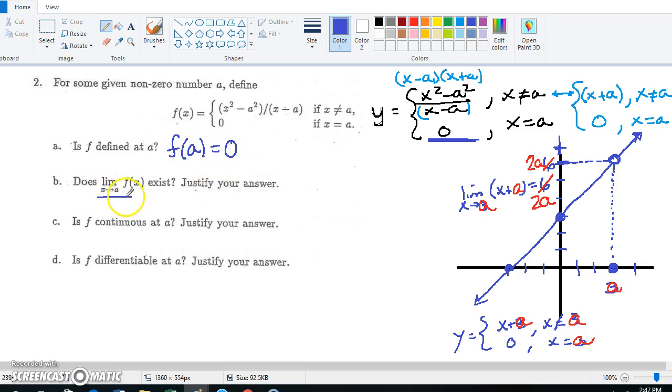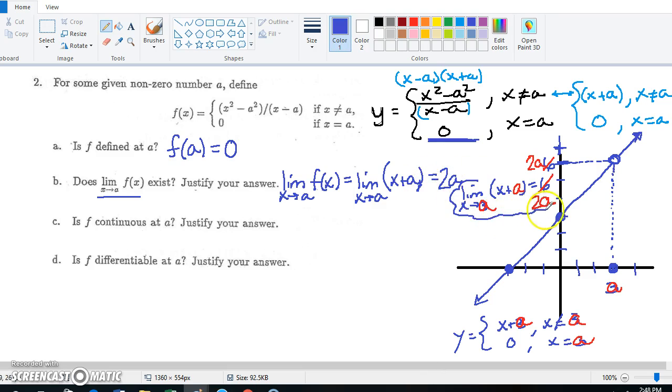All right, does the limit of f of x as x approaches a exist? Well, when you walk along your curve from the left and you walk along from the right, what do you get closer and closer to from either side? You get closer to 2a. So yes, I might even say this, the limit as x approaches a of x plus a equals 2a.